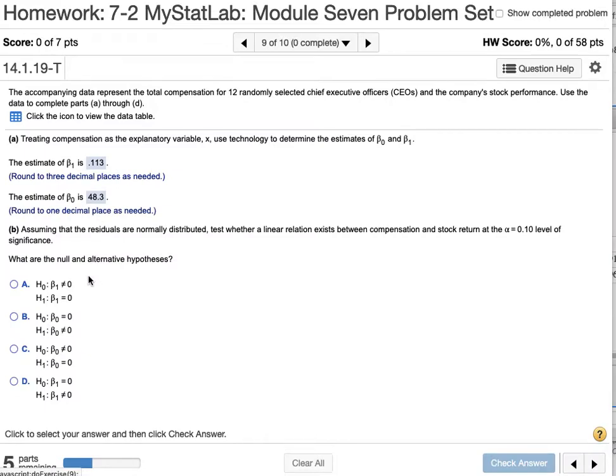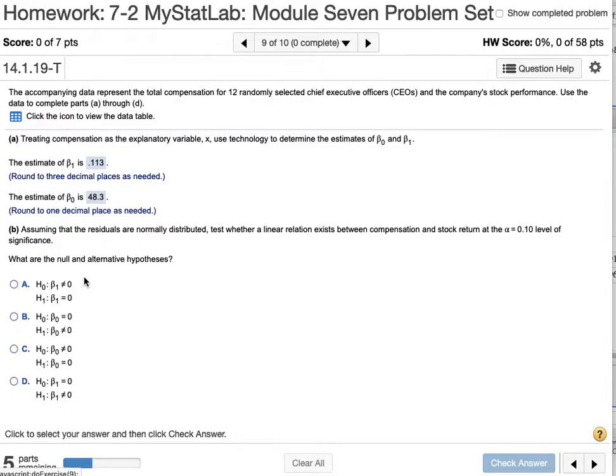All right, and so assuming that the residuals are normally distributed, test whether a linear relation exists between compensation and stock return at the alpha level of 0.10. And what are the null and alternative hypotheses? Here, what we want to do is look at the slope.